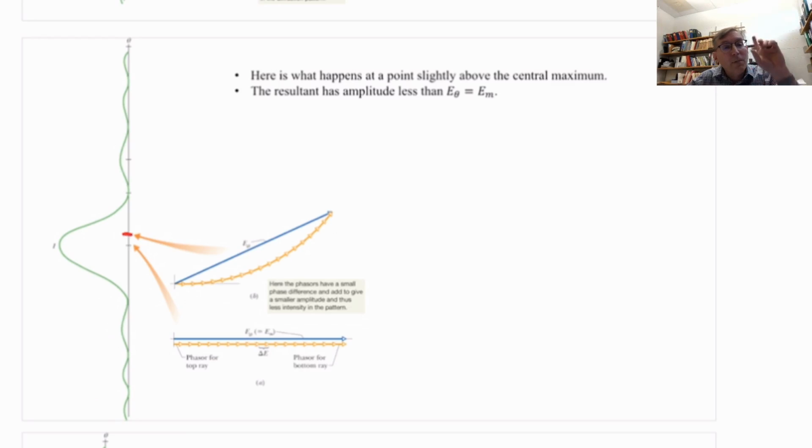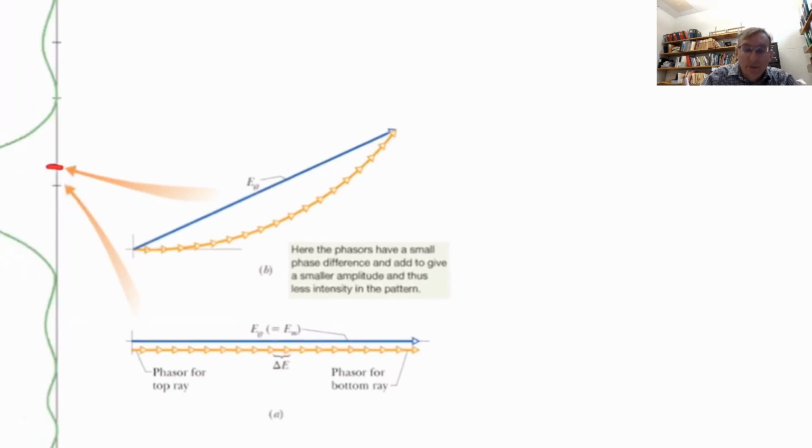So now, because we're not going right across the middle from the slit, wavelets from different zones in the slit travel slightly different distances to get to this point on the viewing screen from adjacent zones. And so the phasors that represent the wavelets at this point from adjacent zones are slightly out of phase, so we're going to put a little angle between neighboring phasors. So let me show you with this blown up view.